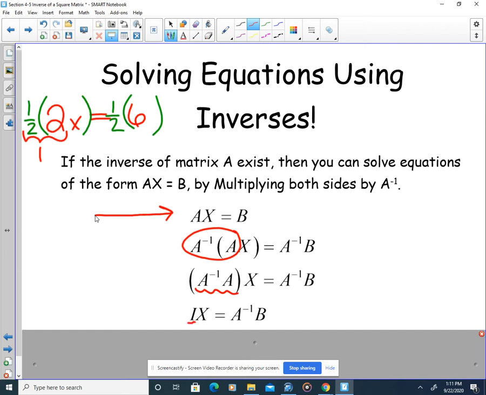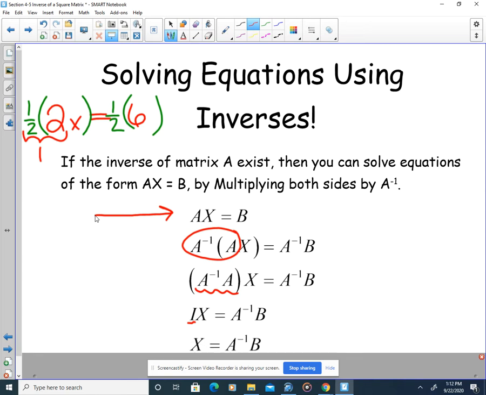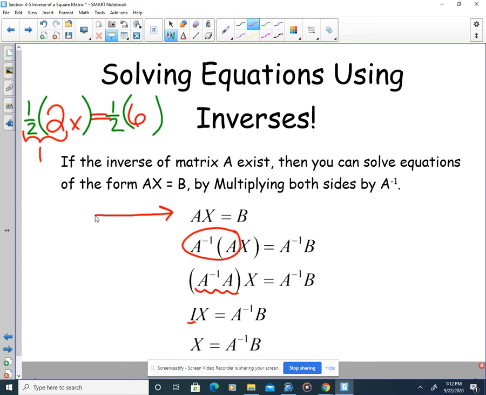It's like 1. So you've got the identity matrix times X, or it's like having 1 times a number. You get the same number back. So what we'll end up with is X is equal to the inverse of A times B. So this is how we're going to solve our equations today.